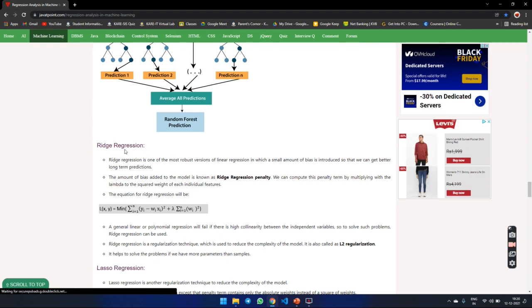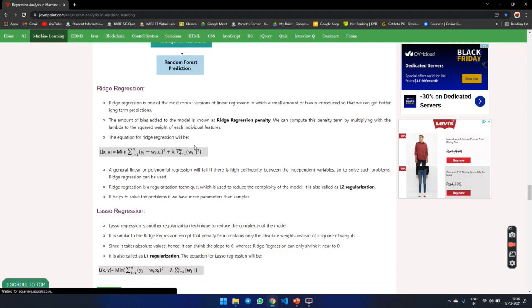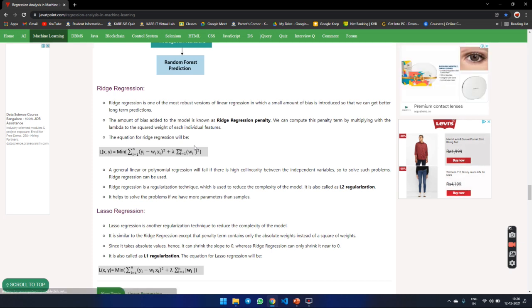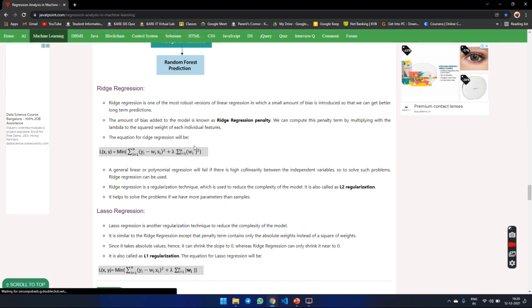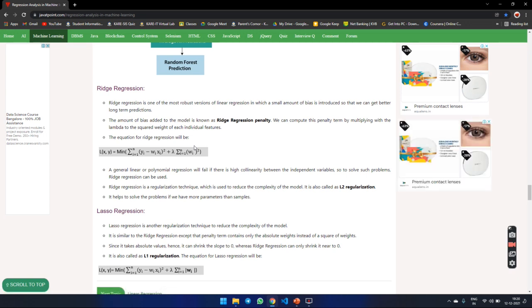Then we are moving to ridge regression. Ridge regression is one of the most robust versions of linear regression, with a small amount of bias, so we get better long term predictions. The amount of bias added to the model is known as the ridge regression penalty.